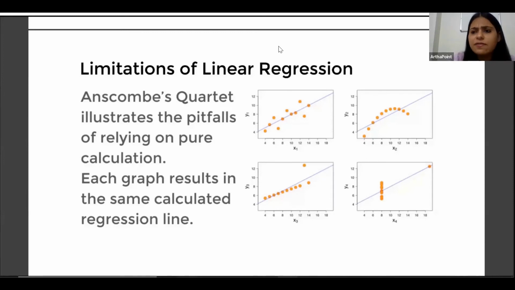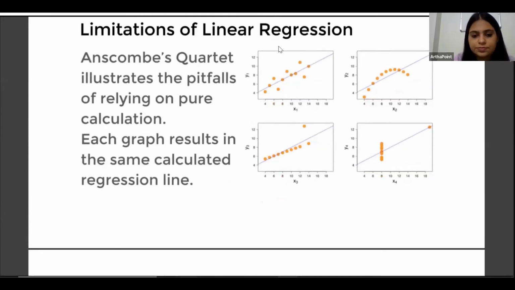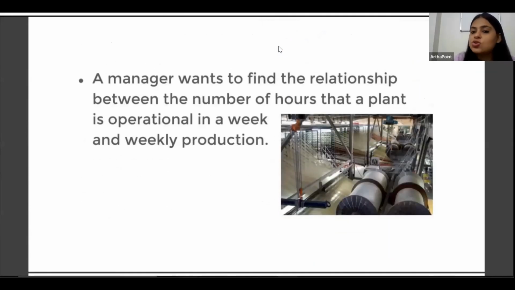In that case, we will go to different kinds of regressions. We may go to polynomial regression, we may go to logistic regression, but you must understand that linear regression does not work. Okay, so let me give you some examples of linear regression before we can go ahead.